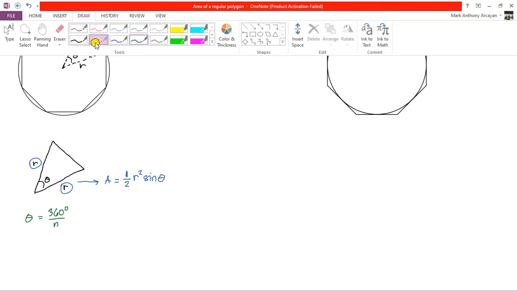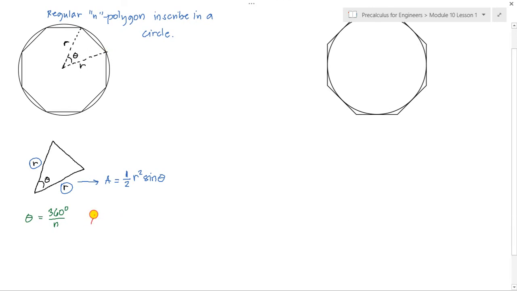So to solve for the final formula for a polygon with n sides, that is A sub n, is just equal to the number of sides n multiplied by this area. Okay, this area of this triangle, that is 1/2 r squared, then sine, and we all know that theta is 360 degrees all over n. So put here 360 all over n.